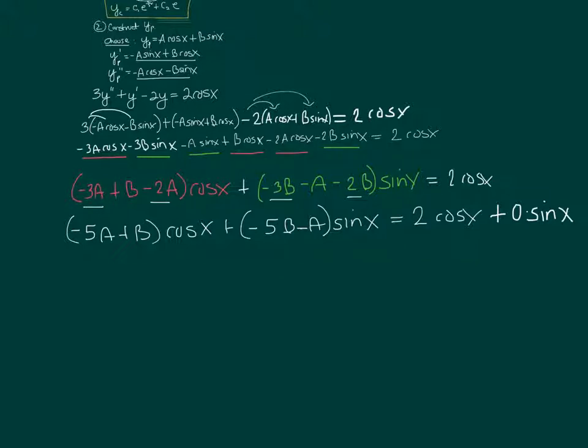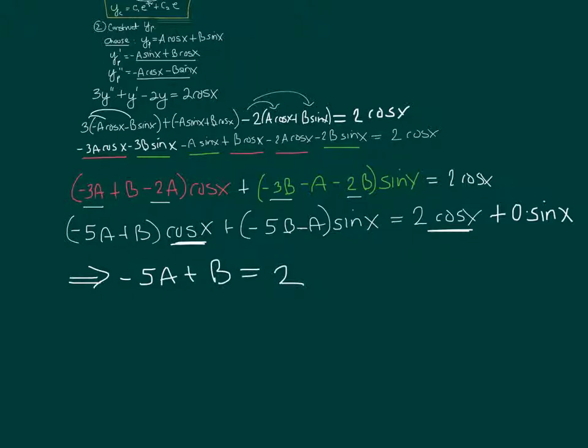Because then we can equate these two, cosine of x, cosine of x. Well, what are the coefficients? This must equal this. If those are equal to each other, that implies that negative 5a plus b is equal to 2.